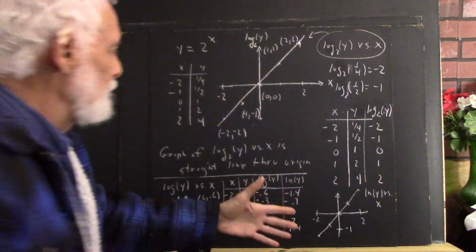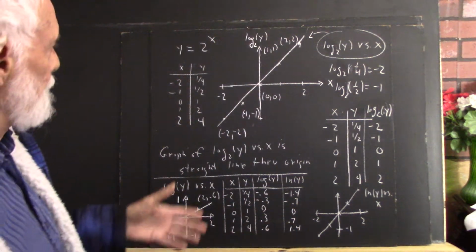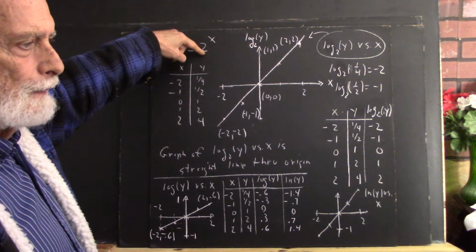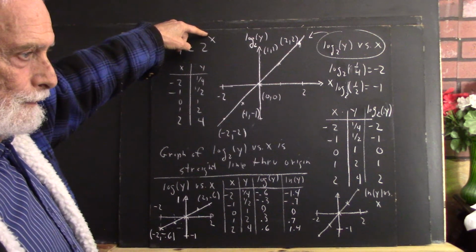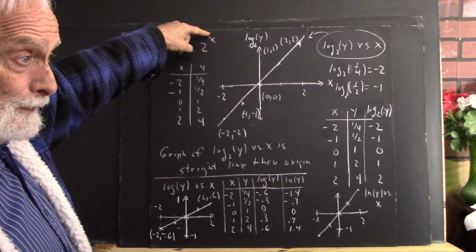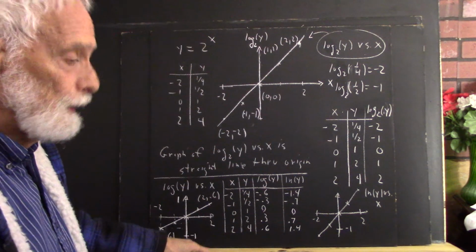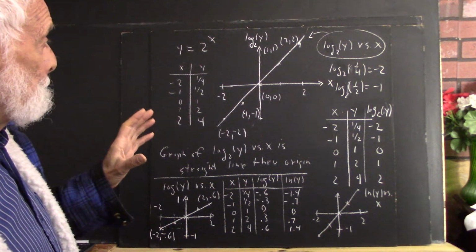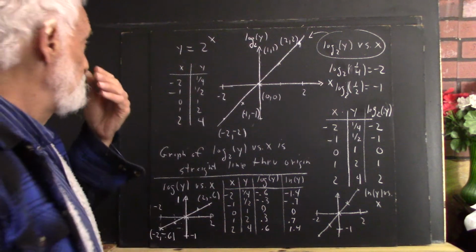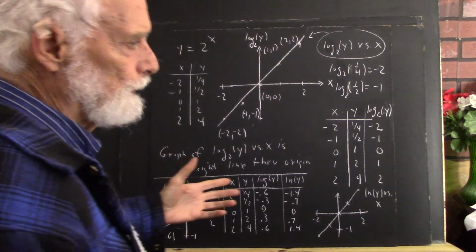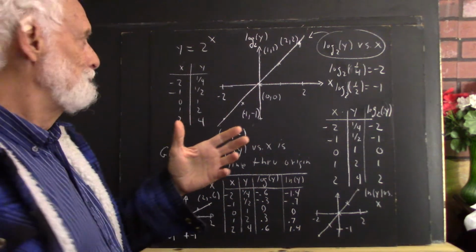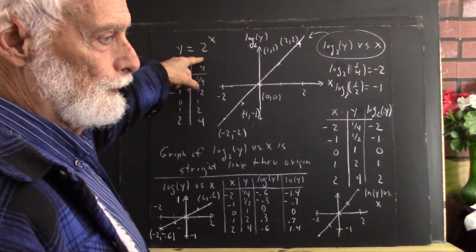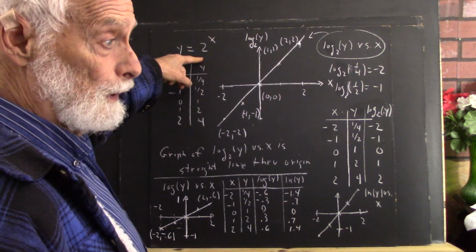Okay, let's just demonstrate that. If y is any power of x, if it was b to the x, then you could make similar graphs, okay? b to the x is just a multiple of 2 to the x by the change of base formula that we looked at earlier.